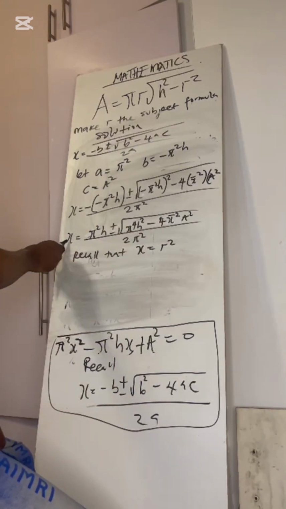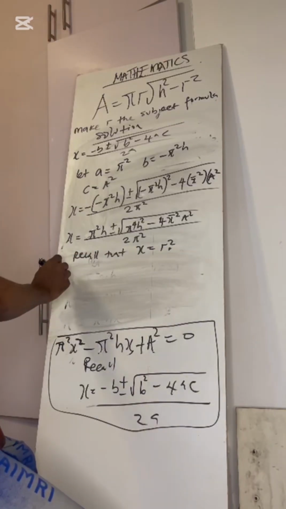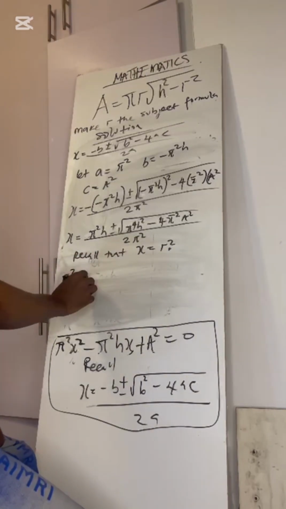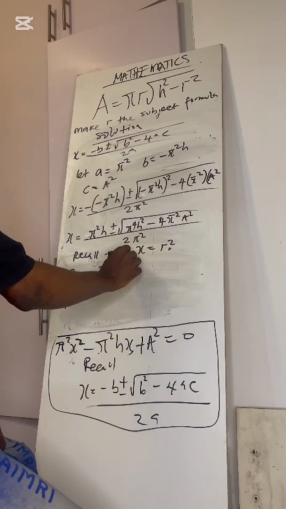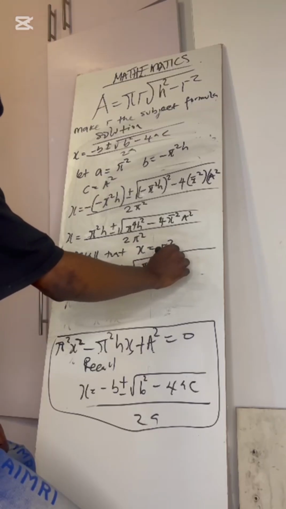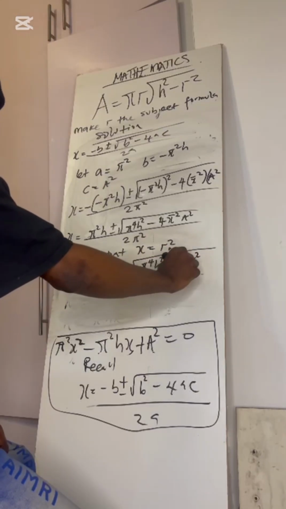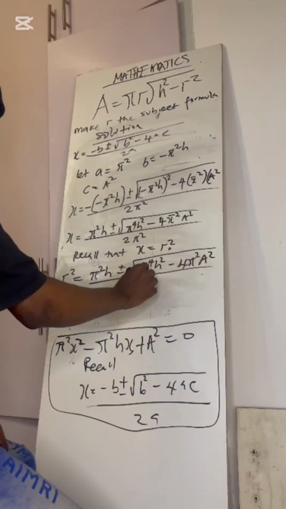So in place of x now, I'm going to put r square from what I did previously. So I'm going to have r square is equal to pi square h plus or minus root pi raised to power 4 h square minus 4 pi square a square, all over 2 pi square.